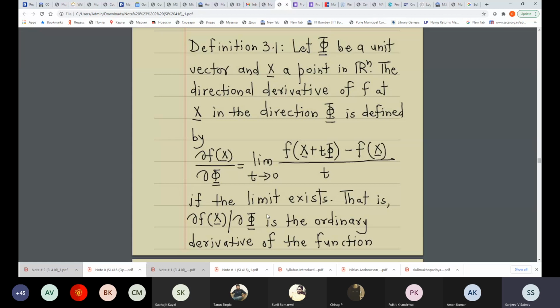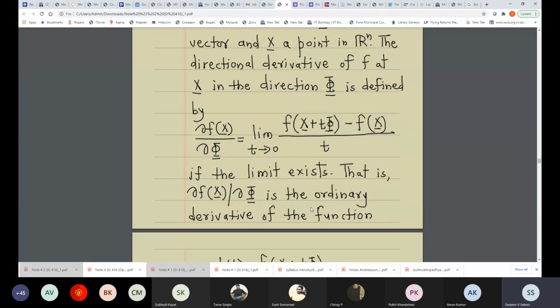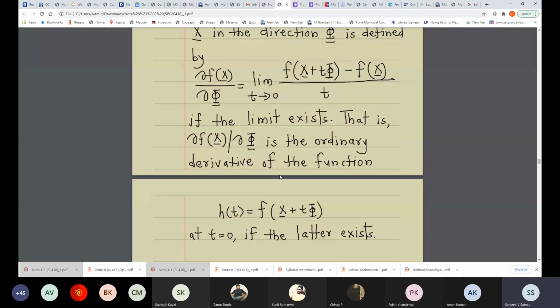This is what the definition is, and this can be thought of as the ordinary derivative of a function. You let h of t be equal to f of x plus t phi and look upon this as a function of t.